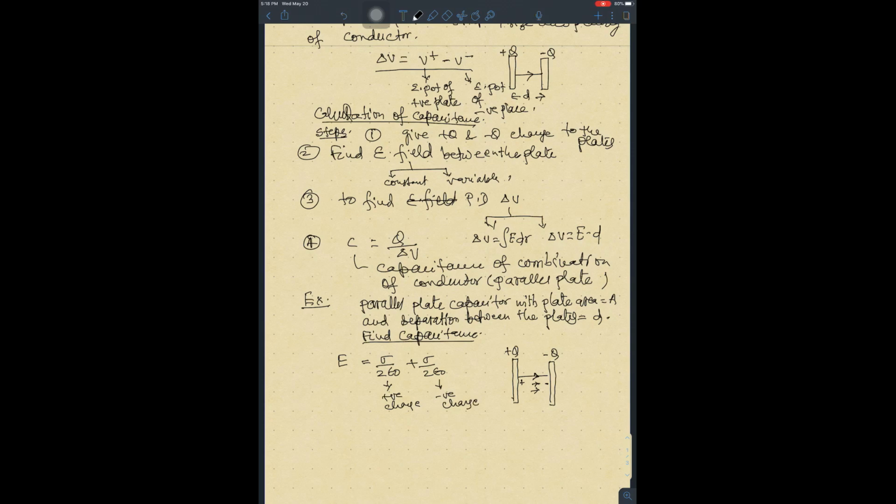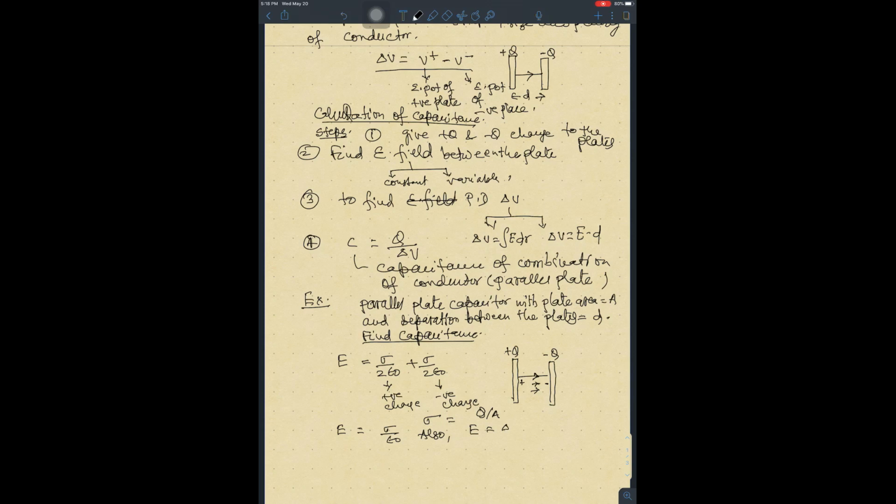So what are we getting? What is sigma? Sigma is basically the surface charge density, that is Q by A. So E is equal to how much? E is equal to sigma by epsilon naught. Also, the electric field is constant. So what is the next step? To find the potential difference.